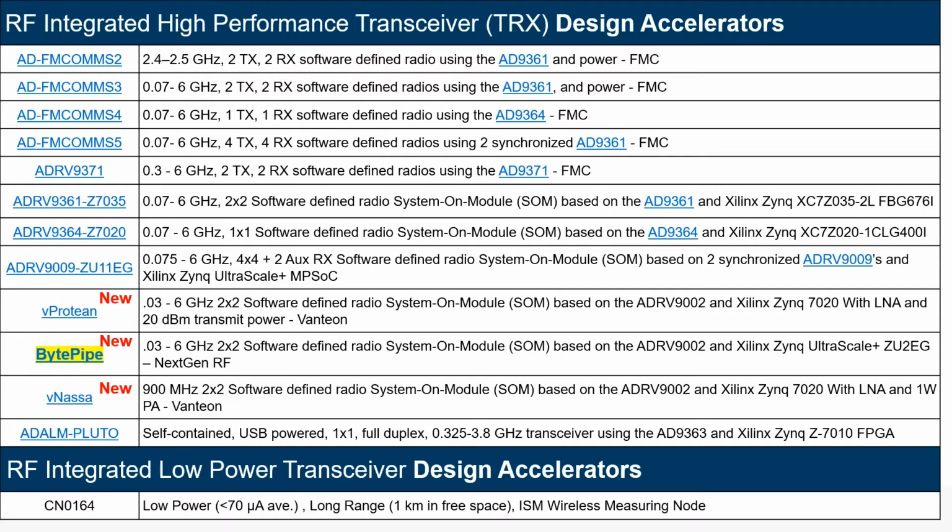Others are in an FMC form factor and are flexible on what FPGA are used with them, and I'll be talking more about the bit pipe, highlighted in yellow, later on. But all of these are available to purchase from Richardson RFPD, and all of them could help decrease your design time.